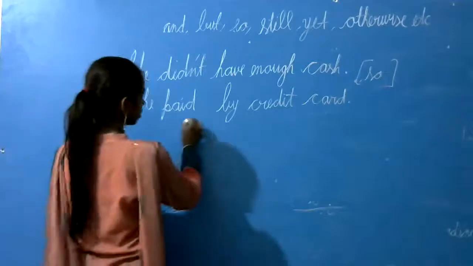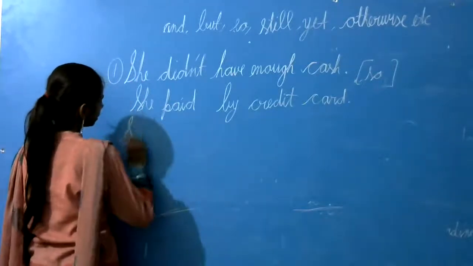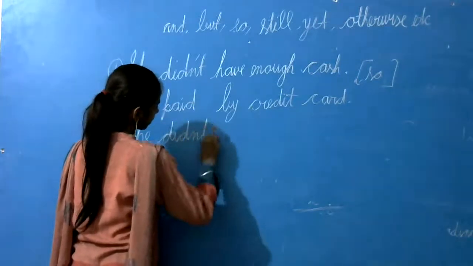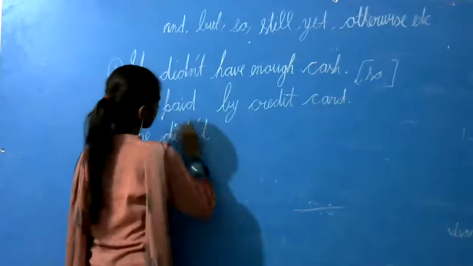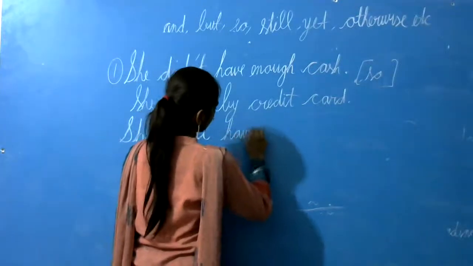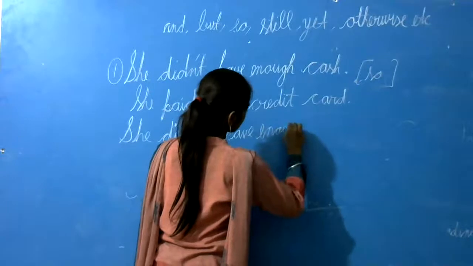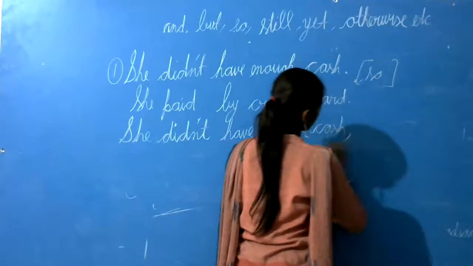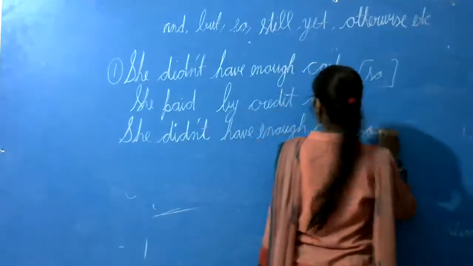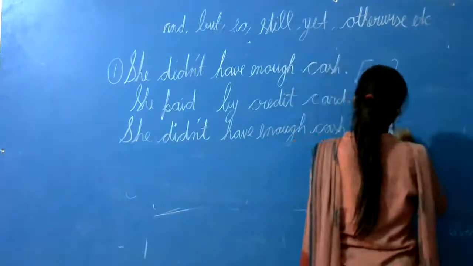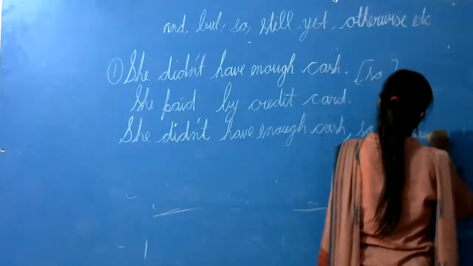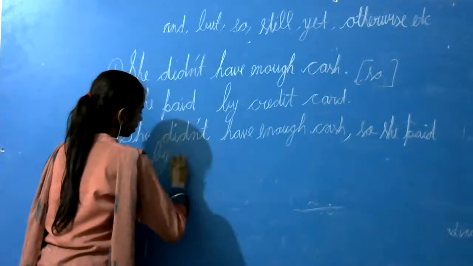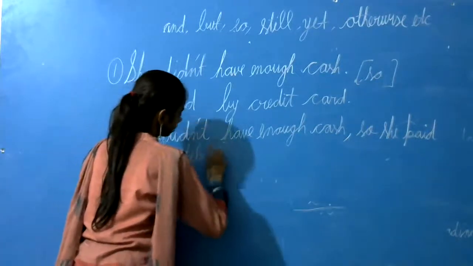Okay, I am telling you the answer. She didn't have enough cash, comma, so she paid. इसलिए उसने कैसे पे किया? She paid by debit card.